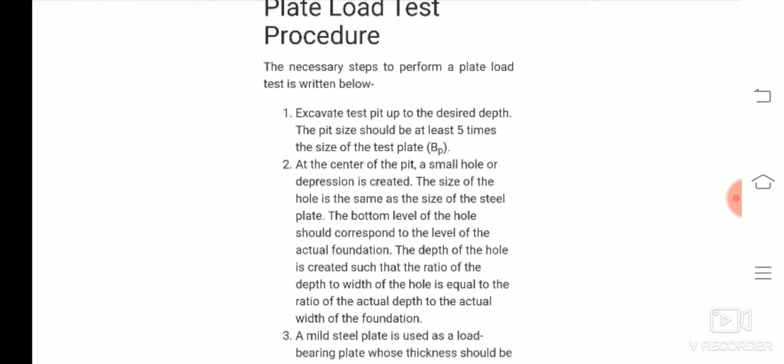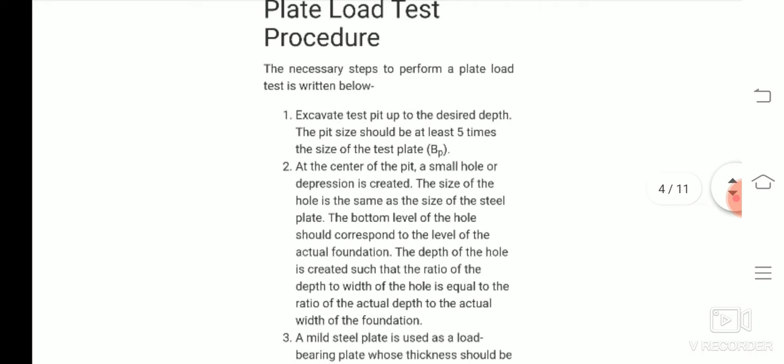Normally, the plate is provided with a handle for convenient setting and center marked. Next, the test pit, where the test will be done. The test pit is usually at the foundation level, with width normally equal to 5 times the test plate.